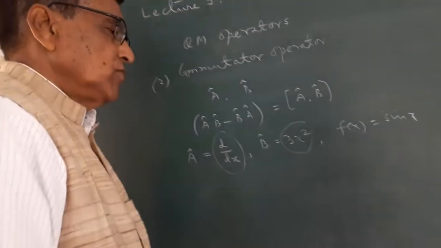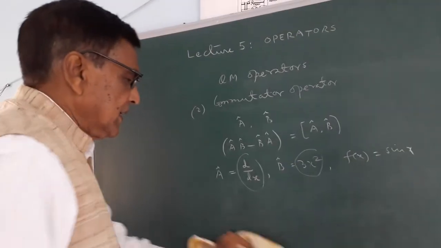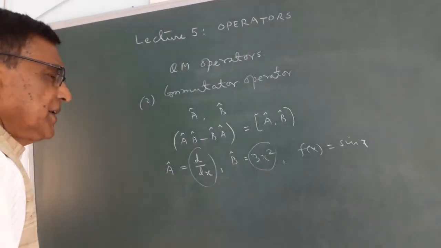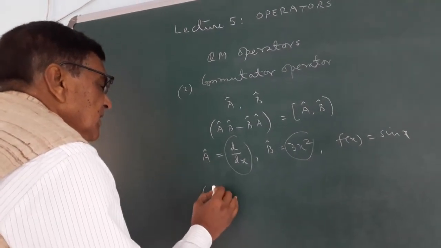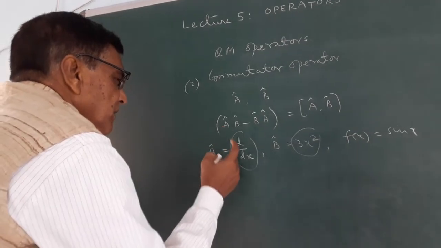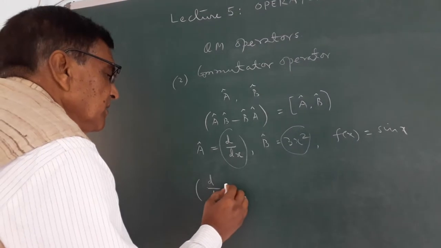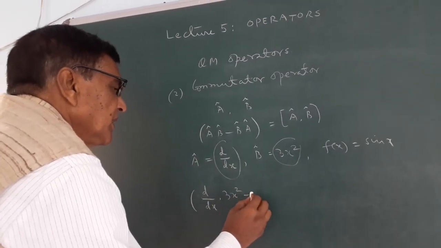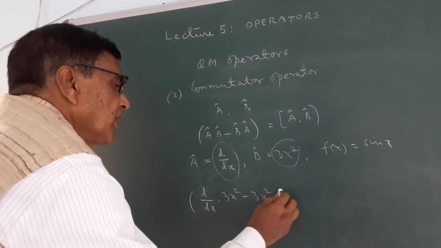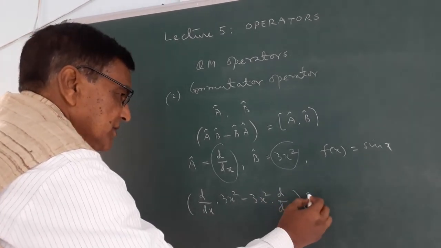I would like to calculate the value of the commutator of these two. Then I shall have to take one function, sin x. Then instead of A cap, d by dx, and instead of B cap, 3x square, minus 3x square d by dx, acting on the function sin x.